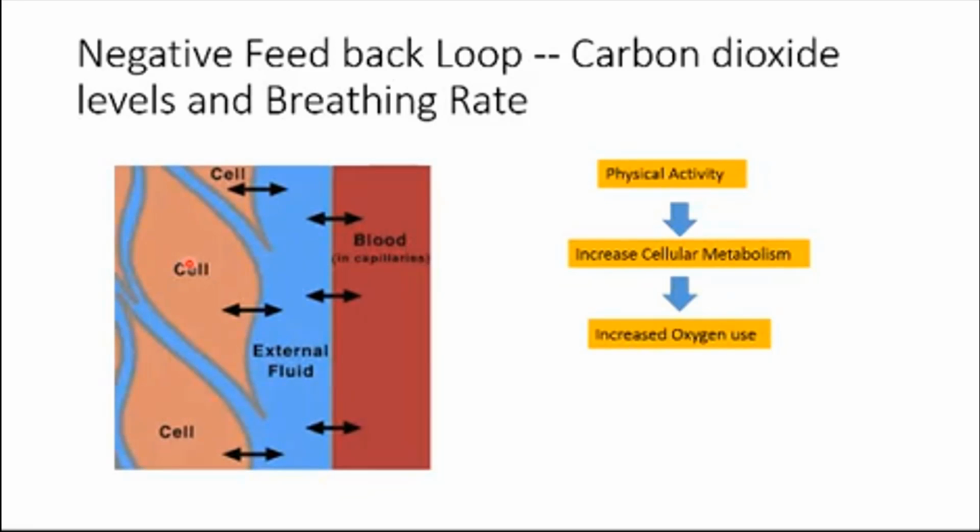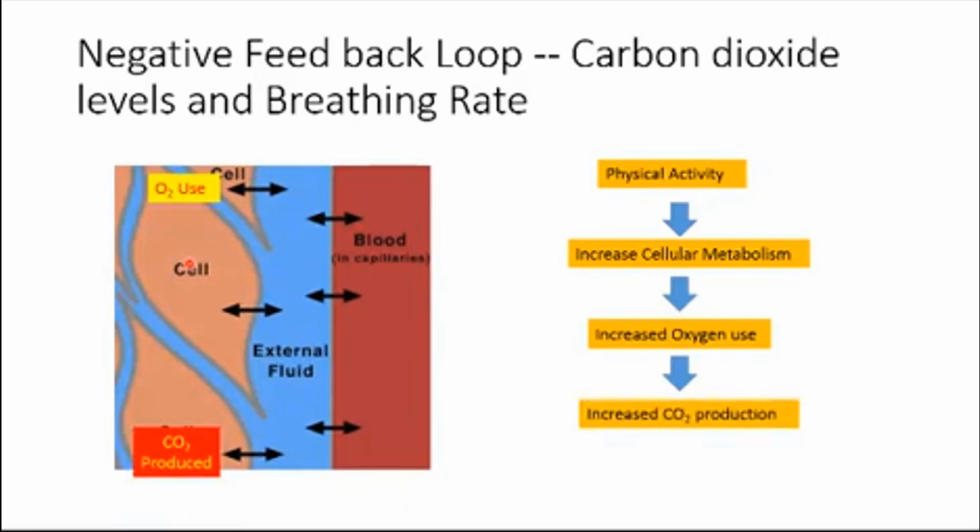Without oxygen, you cannot break down food. You cannot do cellular metabolism, and you cannot get energy, and then your cells will die. And in that process, we use O2. In that process, carbon dioxide is produced in the cells. So we have CO2 that's building up in the cells, which then will diffuse into the blood to be removed.